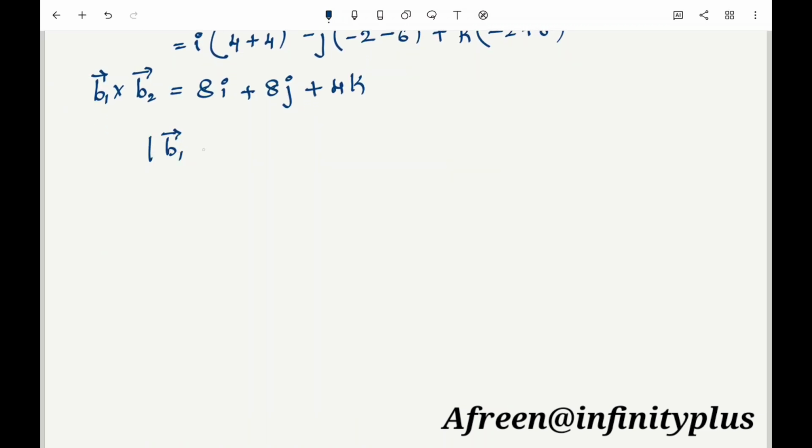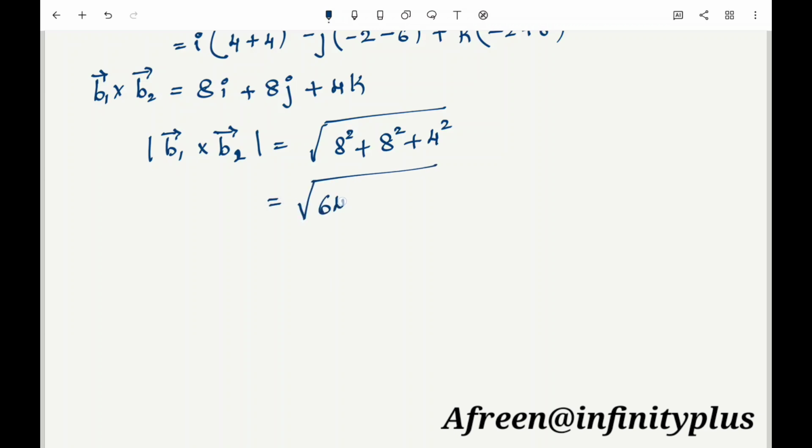Now find the magnitude of b1 cross b2 vector. So you will get root of 8 square plus 8 square plus 4 square for magnitude. This is equal to 8 square is 64 plus 64 plus 16, which is 144, which is equal to 12.